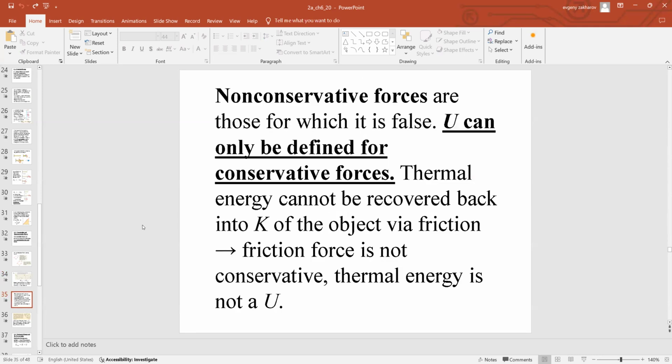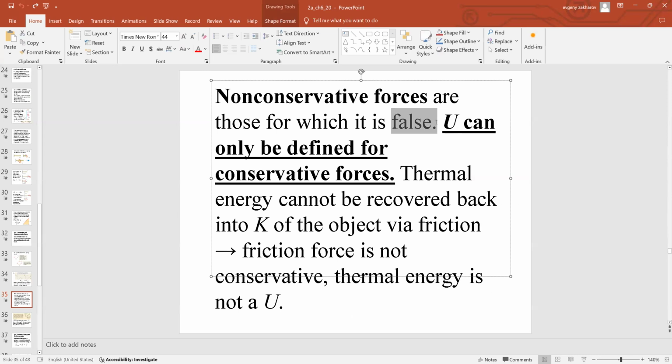Non-conservative, by the way, is when it's a false statement that you get the same amount of work from initial to final, no matter what. Say for friction force, the more the distance traveled, the more energy you're going to lose from mechanical energy to thermal energy, because every time there is friction, there is a heating up of surfaces, and you lose some of that energy to thermal energy.